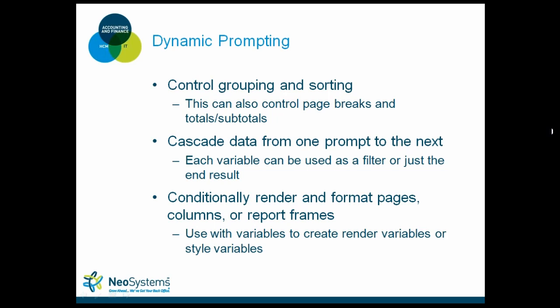Then we are going to look at the cascade types of prompts, where you have one prompt and the selection that a user makes in that prompt is the determinant for a secondary prompt. The example we'll look at is the user entering the fiscal year. A lot of reports, you're going to want to have a filtering and a selection of fiscal year and period.